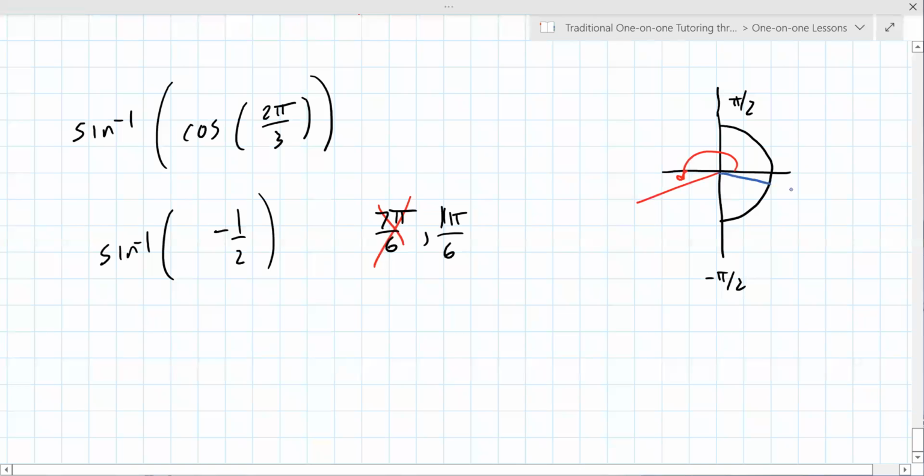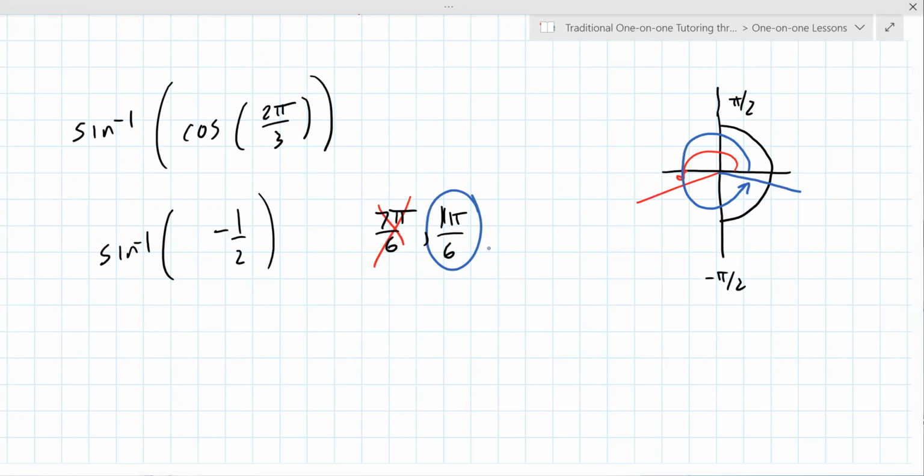It's actually right there, if you go all the way around like that. So this is your answer, but not in this format. If you wanted partial credit, you could put in 11 pi over 6. If it were multiple choice, you wouldn't get any options.